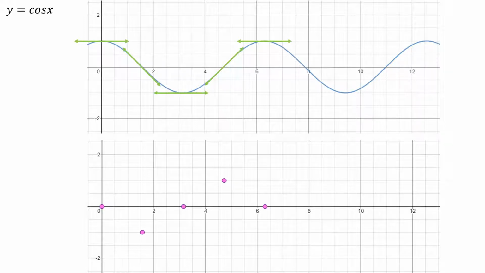That's one complete cycle. Let's do another one. Negative 1, 0, positive 1, 0. 2 complete cycles of cosine.